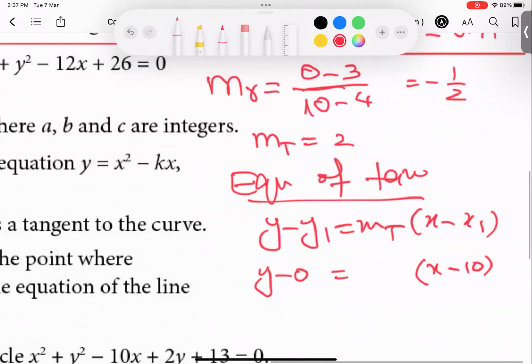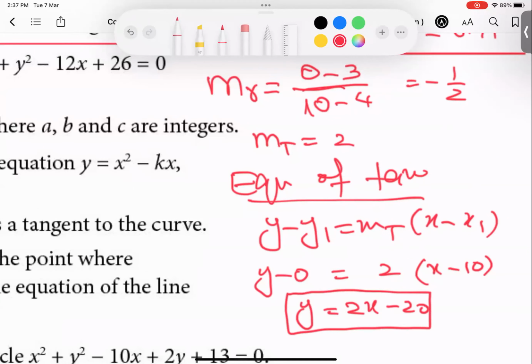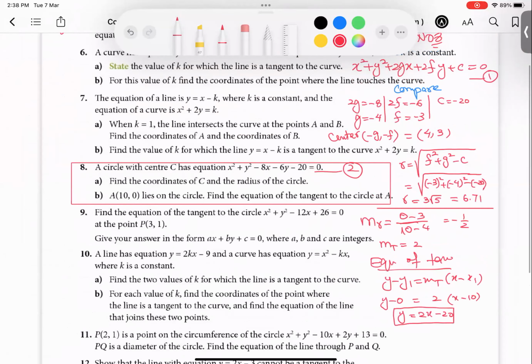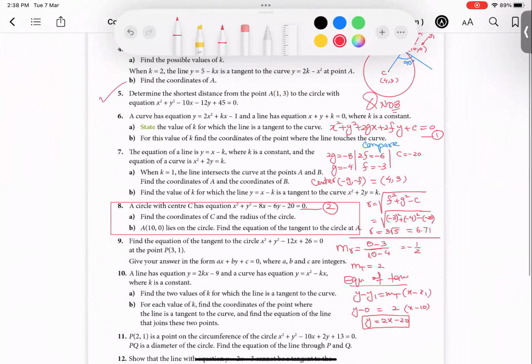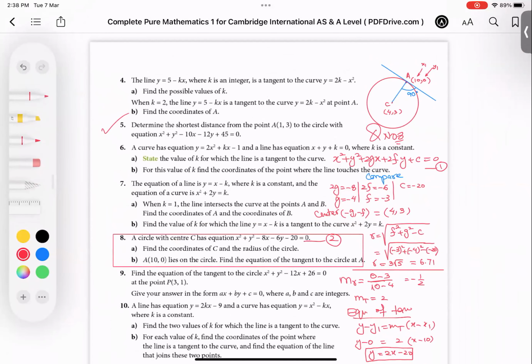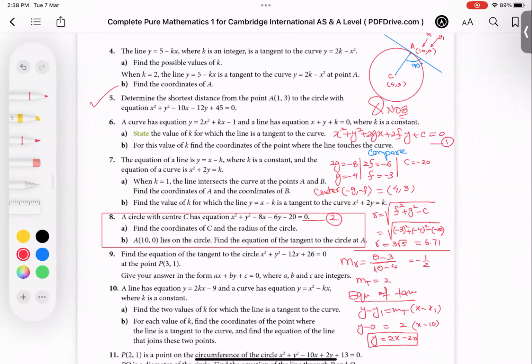A question comes from where I get the gradient of the tangent. It is not the radius, I'm looking for this 2 here, plug in 2 here. So the answer tends to be 2x minus 20. You copy it, you leave it here, or bring x to the other side, no issue at all. Alhamdulillah, I believe you got a whole idea of the question, and the question is completely over.